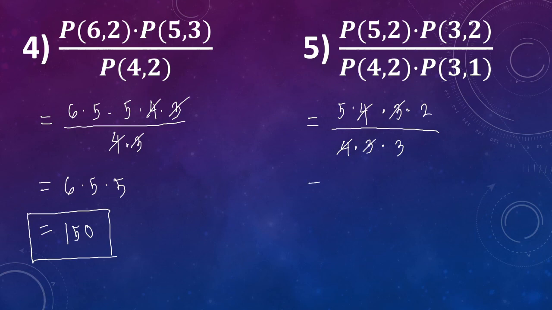So ang matitira na lang dito ay 5 times 2 over 3. Itong nasa baba. Okay, so that is equal to 5 times 2 is 10. So that is 10 over 3. So this is now the final answer.